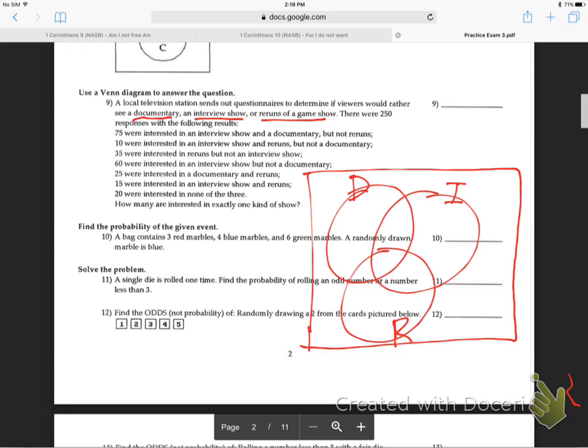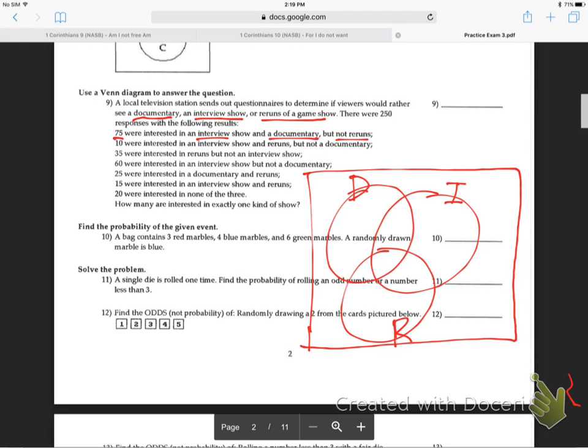And then we start trying to put in all the numbers. Let's start with the 75, which is not a good idea, huh? No, it is. You're right. 75, like interview, we're interested in interview and documentary, but not reruns. Whenever they give you 3 facts, see how that's 3 pieces of information concerning those 75 people?